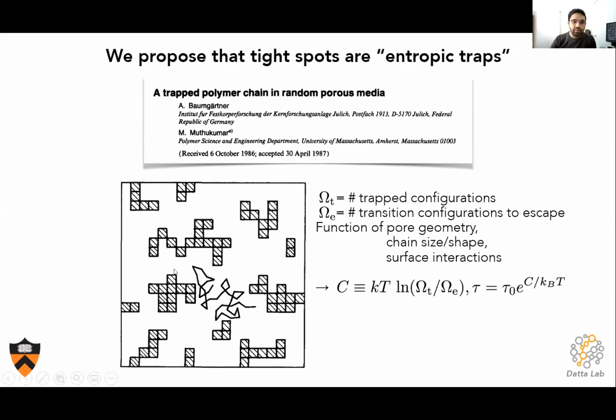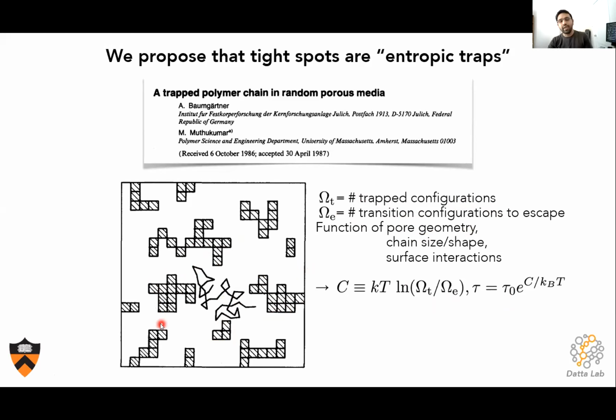However, there are only a few orientations where it can escape these traps, and there are many configurations where it will stay inside the pore. So if you take a log of those configurations, you get the entropy of the system, and you can gauge how long it will spend in the trap.